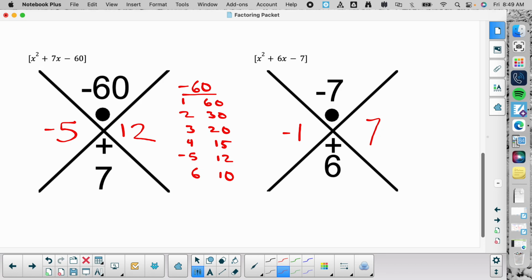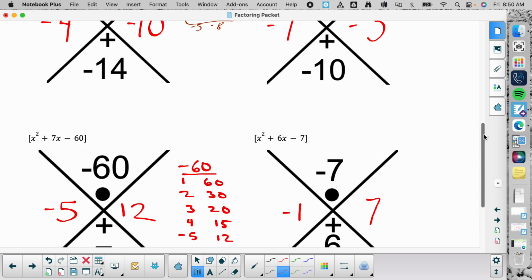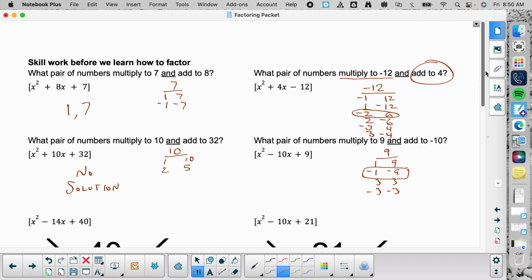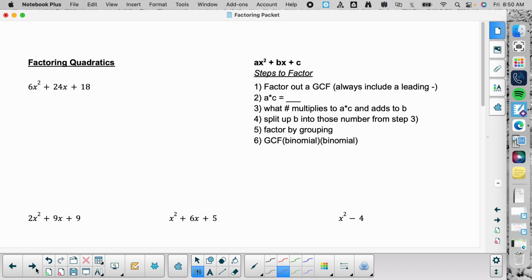As we go forward, I don't mind which way you guys wanna write things down. If you find it easier to use this cross method, do that. If you find it easier to just write things down, do that. Okay, the next page is where we're actually gonna do these problems, and we need to use this method to come up with answers.